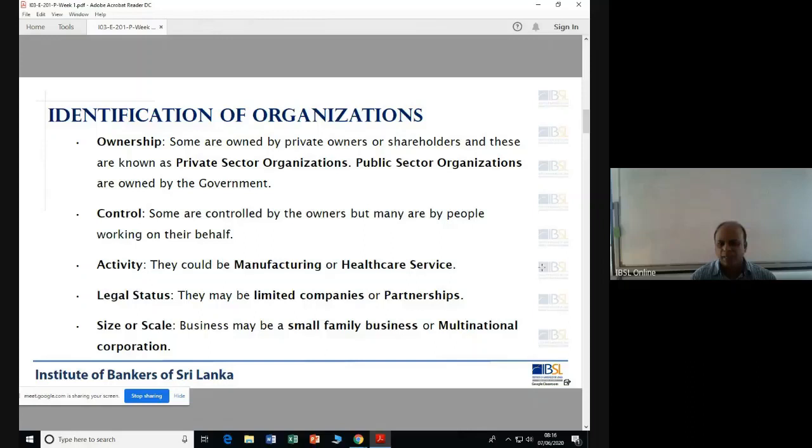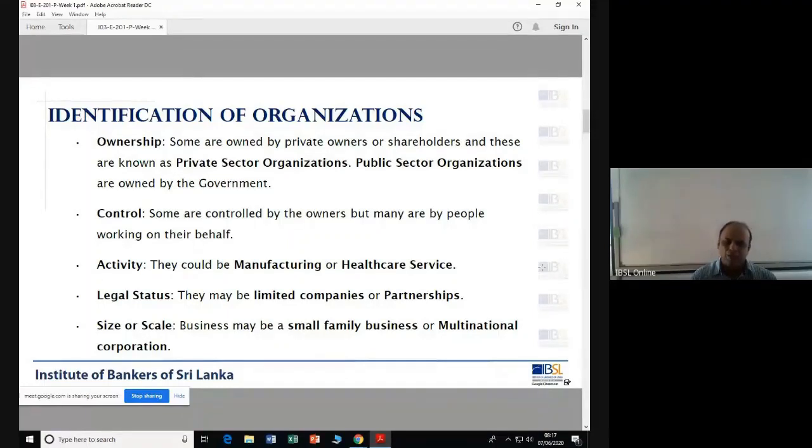Now, most of you who have joined this program might be working for banks called state banks, which mostly cover the Bank of Ceylon, People's Bank, and so on. I'm only quoting these names to help you understand, but any other bank is normally known as a private sector bank, which means these banks are owned by private owners or shareholders.